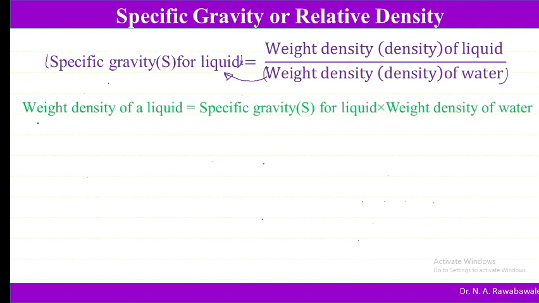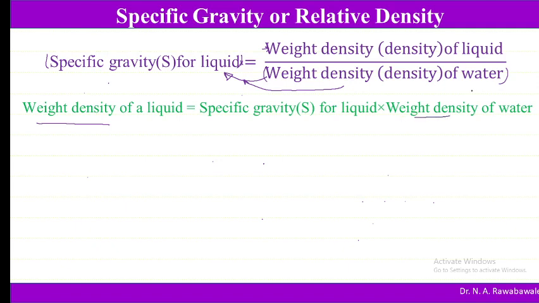So here weight density of liquid, this numerator, is equal to specific gravity of liquid into weight density of water. So this term which is in the denominator is transferred to the left hand side and multiplied. Again, this can be written as weight density of water is nothing but mass density of water into acceleration due to gravity.